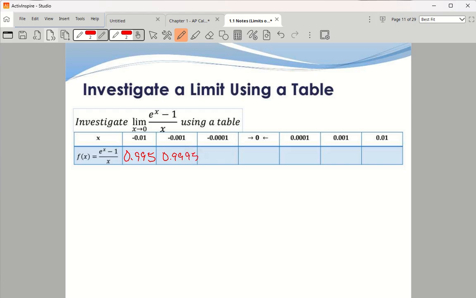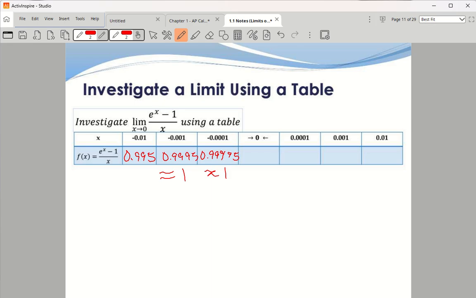If I'm rounding off to the third decimal, what would that one be? That should round off to 1, right? All right, so what about this one? 0.99995, then a 5? Wow, okay, that one's also going to round to 1.